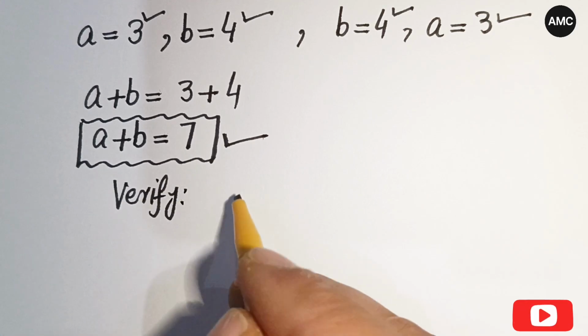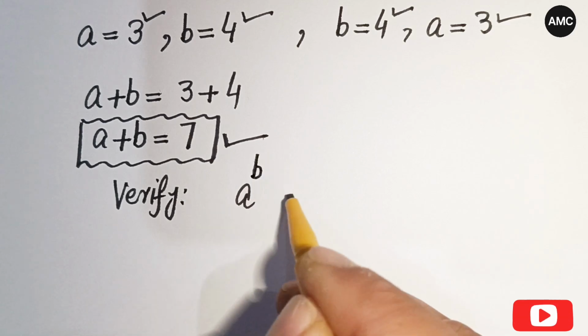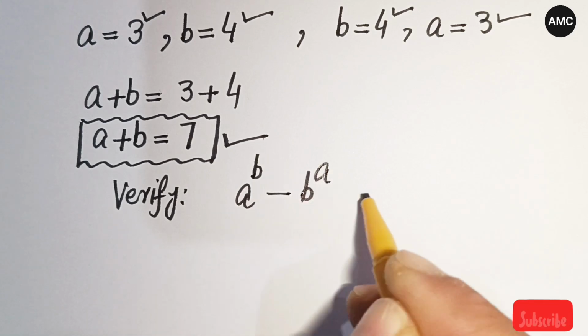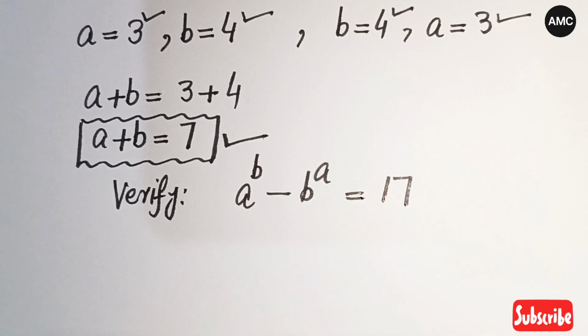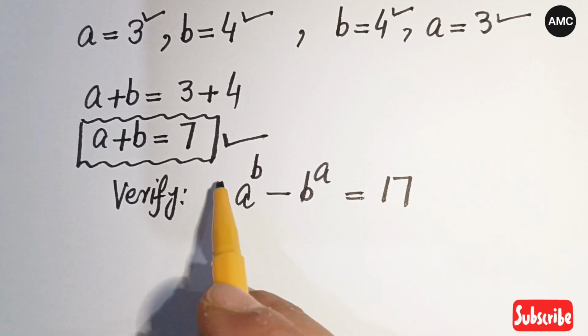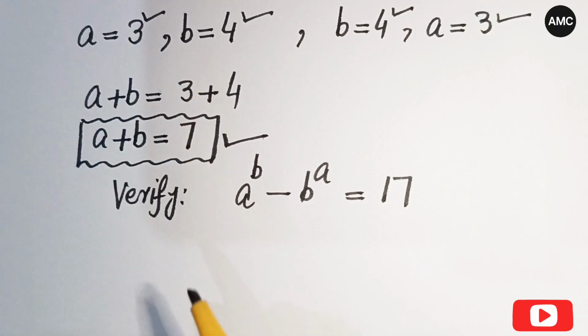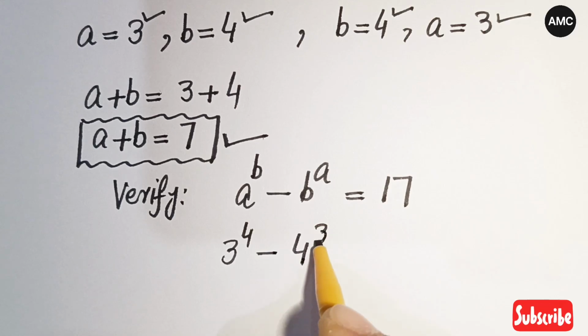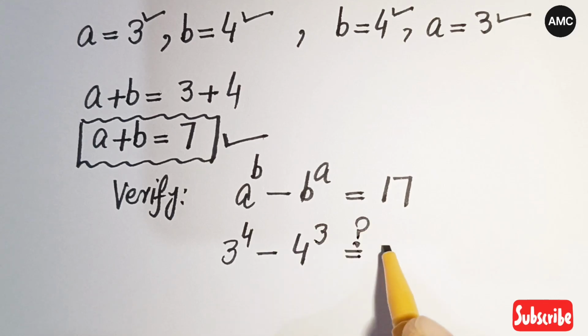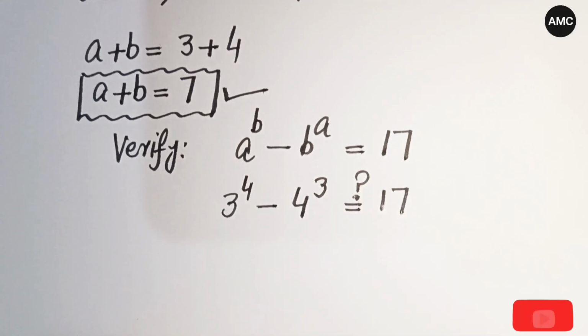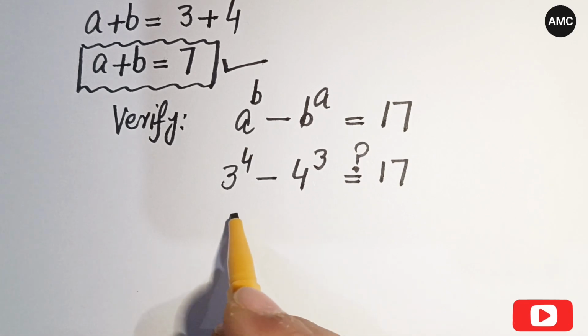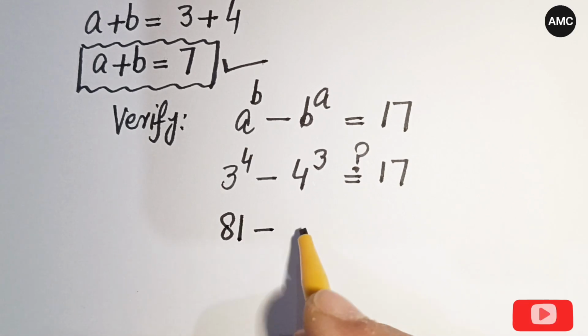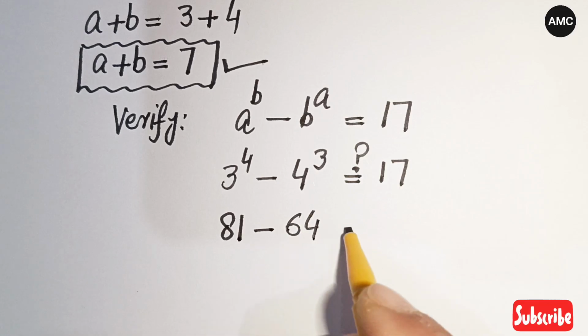For verification, we have to recall our problem. a to the power b minus b to the power a is equal to 17. Here the value of a is 3 and b is 4. So we have 3 to the power 4 minus 4 to the power 3, is it equal to 17? Now 3 to the power 4 means 81 and 4 to the power 3 is equal to 64.